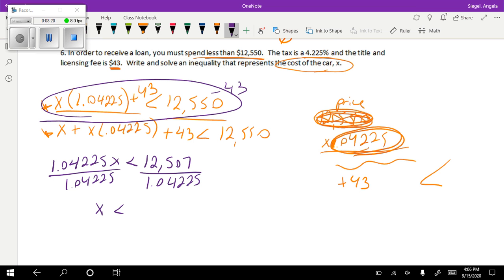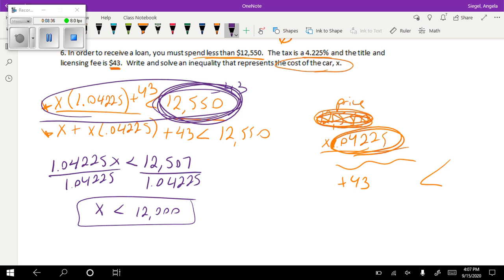And so it is going to be exactly $12,000. So the price of the car by itself, remember up here, this was all the taxes and fees and everything, so the price of the car itself has to be less than $12,000. So now you can set your budget there. Okay, that is it, guys.